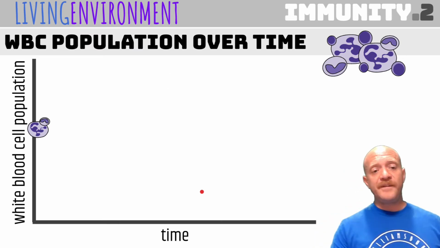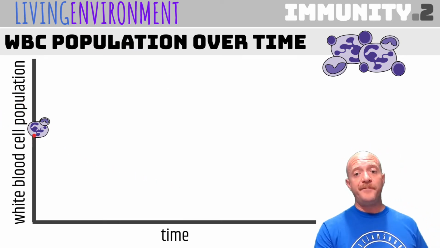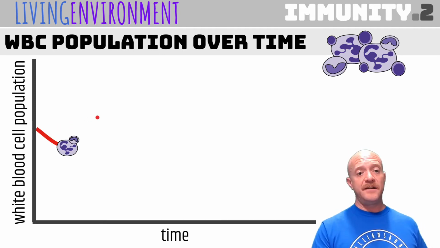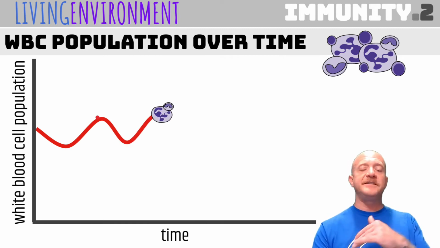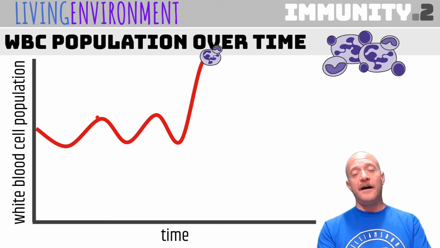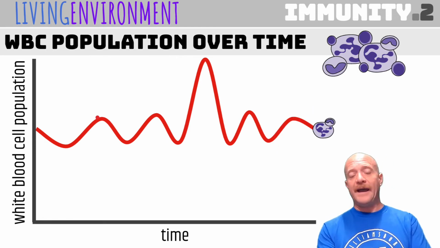Now, if we looked at some population of white blood cells over time, remember white blood cells indicate immune response. So normally you will have it hovering somewhere around the middle, but once in a while you may have a very rapid increase in white blood cell population. And then you go back to normal.